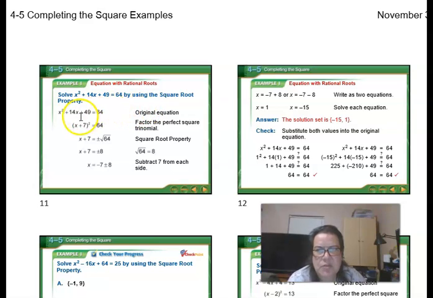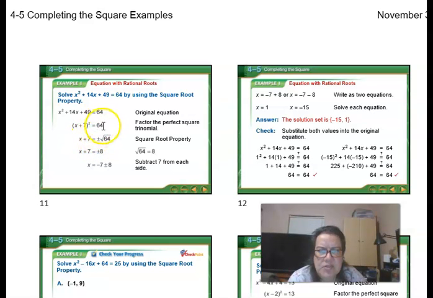I think this one's pretty straightforward because I could already see that 7 times 7 is 49, and 7 plus 7 is 14. So therefore x plus 7 squared would be the factors for this side, and then you've got the 64. If I take the square root of both sides, that leaves me x plus 7.